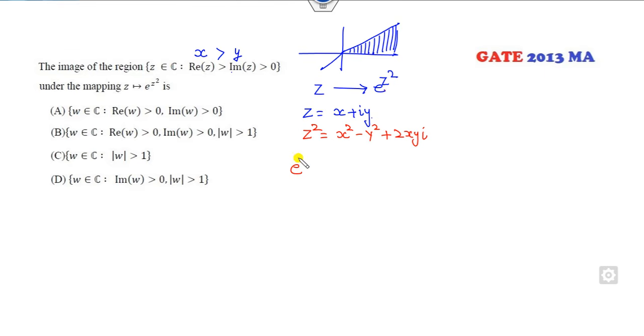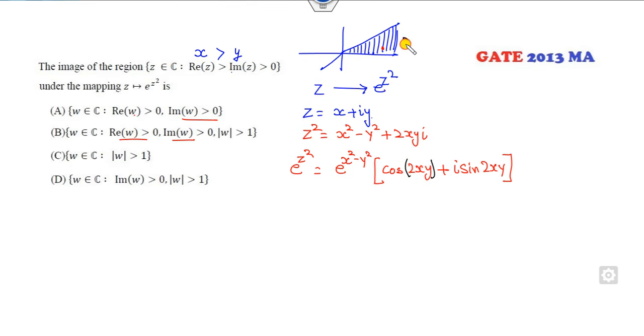What is the e of z square? I can simply say e raised to x square minus y square, and the e of this I can write in terms of cos 2xy. Fine. Now you can choose any point in this region and check about this. First part is whatever, the real part is greater than 0. Simple. Look at that. There is a term of the 2xy.